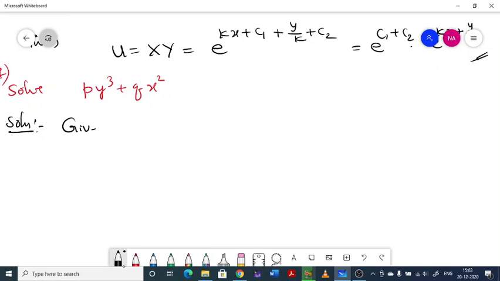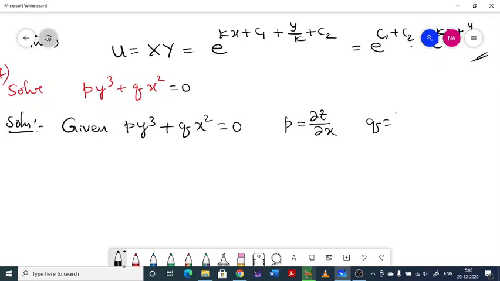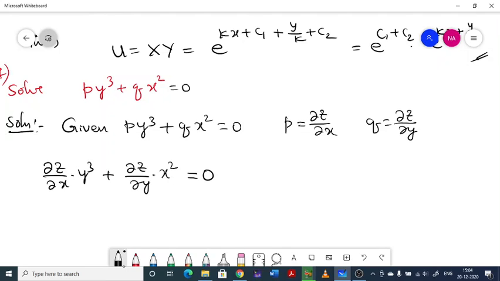So given p y cube plus q x square equal to 0. Now this expression takes the form dou z by dou x y cube plus dou z by dou y x square equal to 0. Now the dependent variable is z. Put z equal to, as usual, capital X into capital Y.